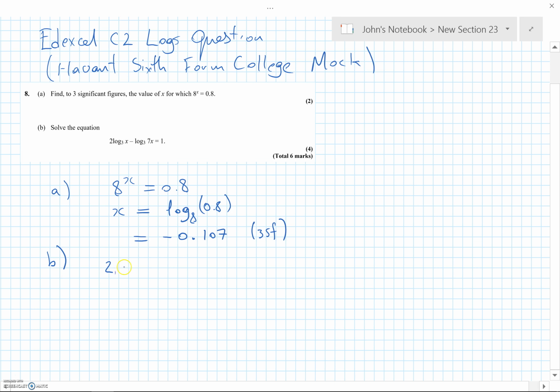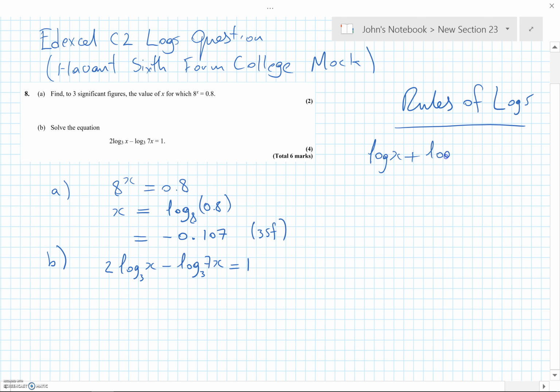we're using some important rules of logs here that we should know, which I might write down briefly now. In fact, we're using these rules of logs. Basically, logs turn multiplications to sums and vice versa. So we've got log x plus log y equals log xy.